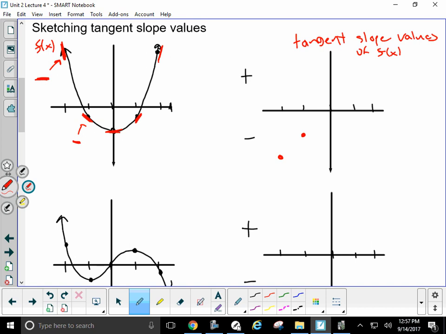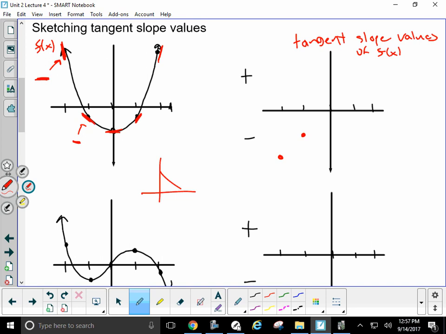We're just kind of estimating here. Just estimating. Student: For the second one that you just plotted, I would have said that it was positive because negative over negative. No, this is negative. If a line is going down from left to right, that's a negative slope. So I'm going down and over.